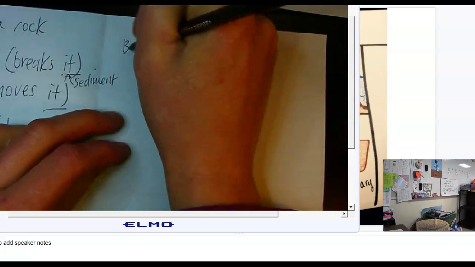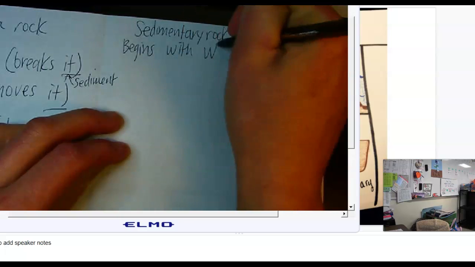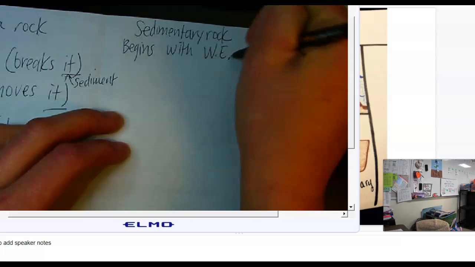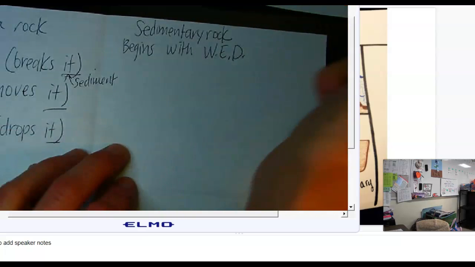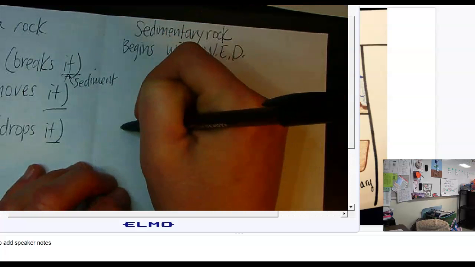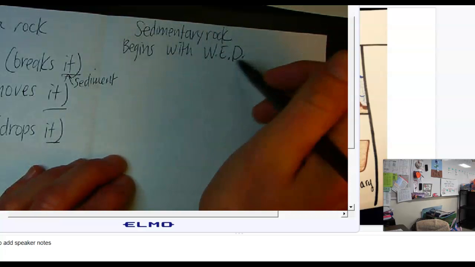And it always begins with weathering, erosion, and deposition. And then it starts with our sediment rock that's going with weathering, erosion, deposition.